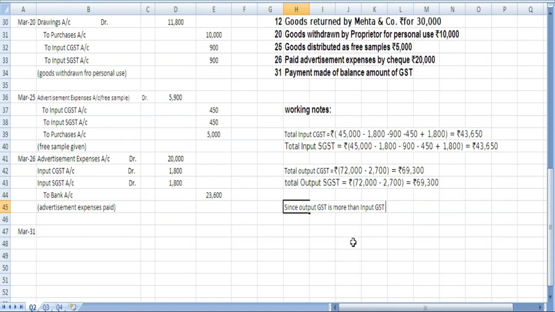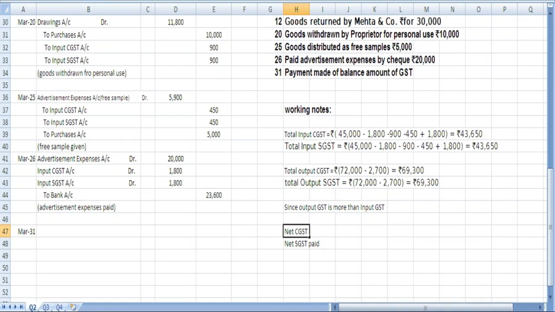Input was when we purchased, we paid this GST. Output, when we are selling, we are earning this GST, which has to be paid to the government. So here we will find out the net CGST paid and the net SGST paid.